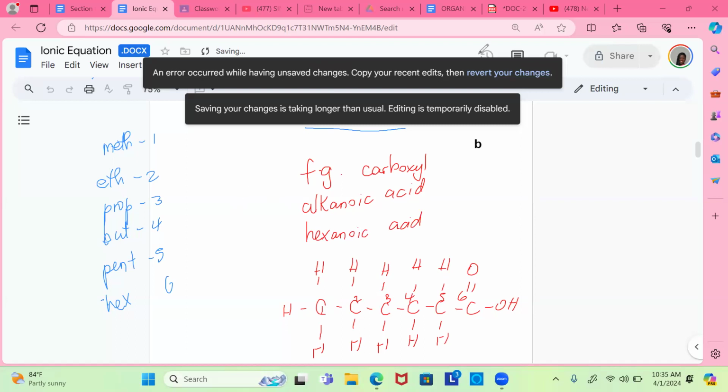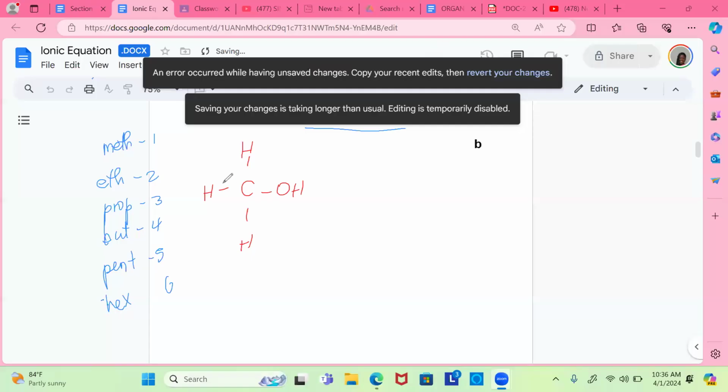Yes, miss. What is the functional group? Carbon single bond. Look again. Hydroxyl. Hydroxyl.